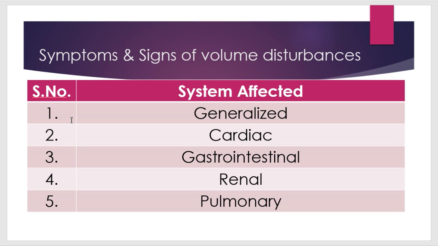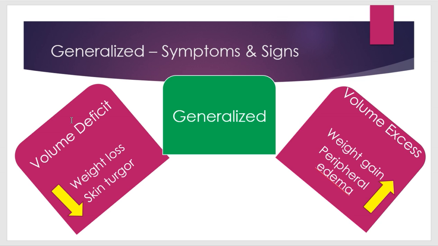The patient may have gastrointestinal symptoms, and sometimes they may present with renal symptoms and signs, along with pulmonary signs and symptoms. So the first one is the generalized symptoms.